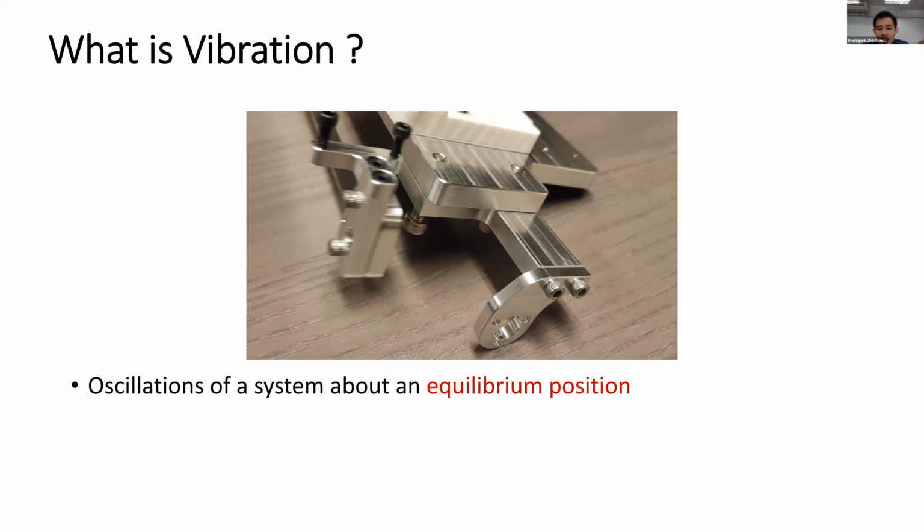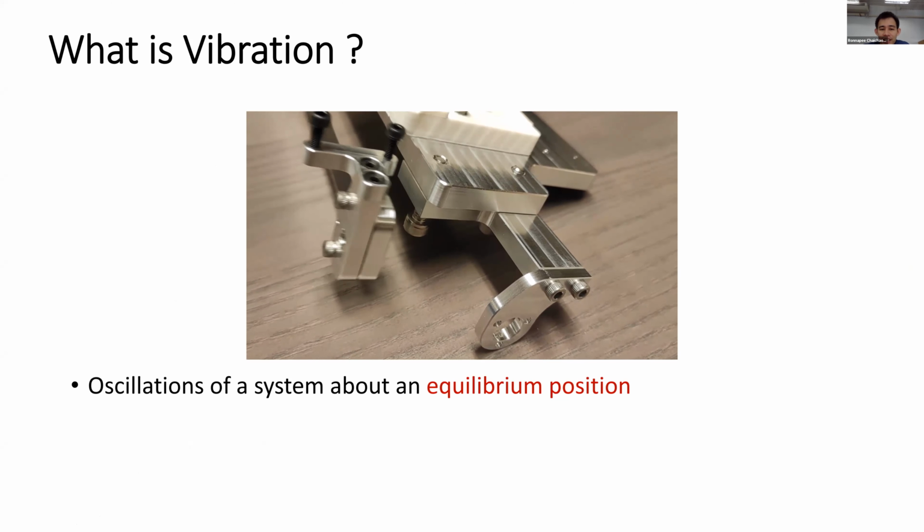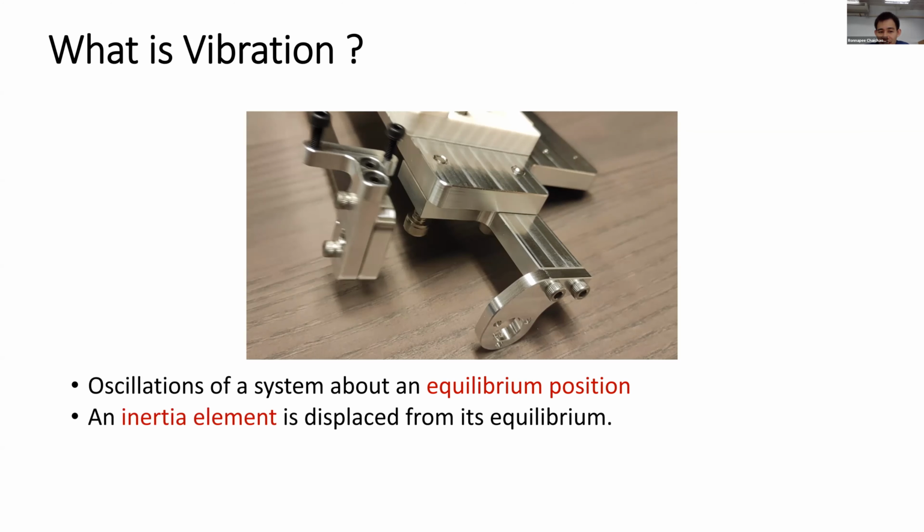The oscillation about an equilibrium position. Vibration is the oscillation of a system about an equilibrium position. Oscillation of what? Oscillation of inertia element.